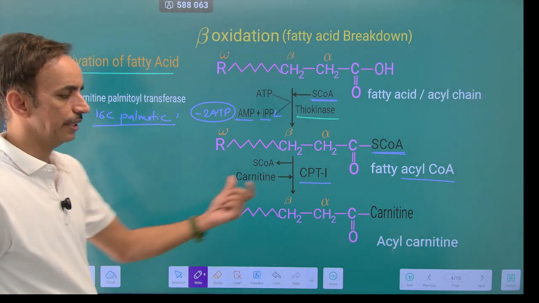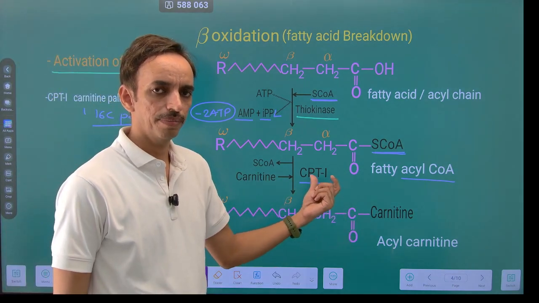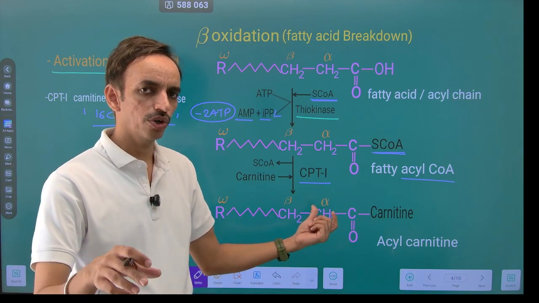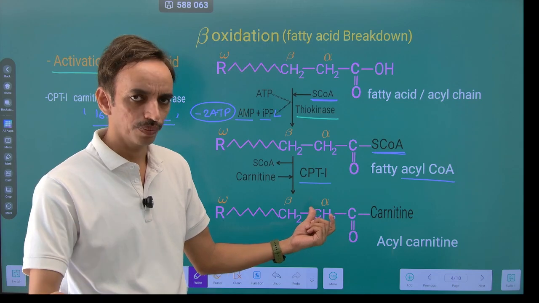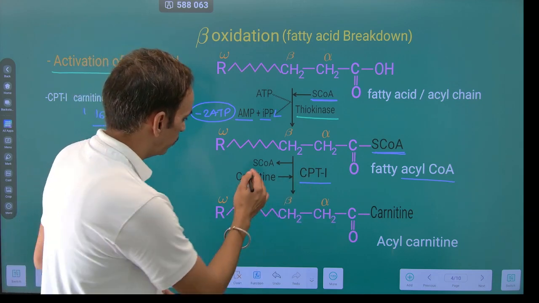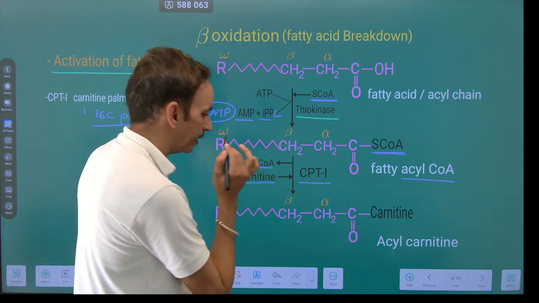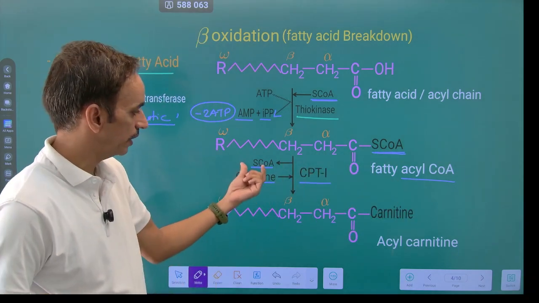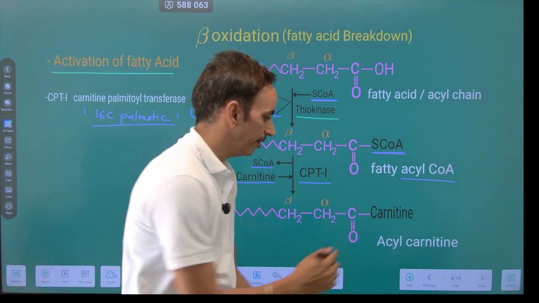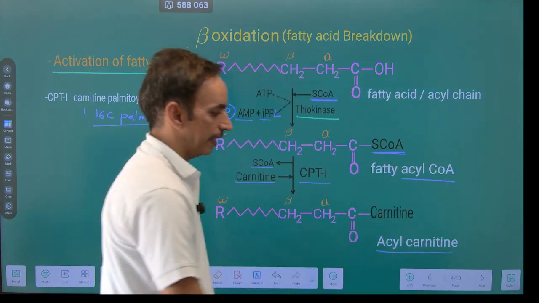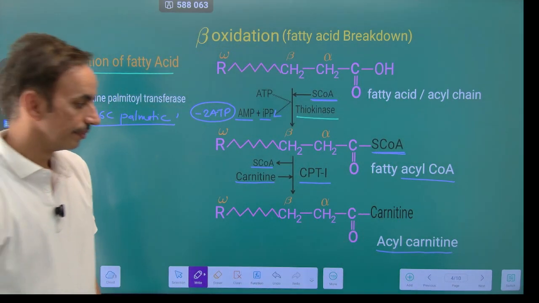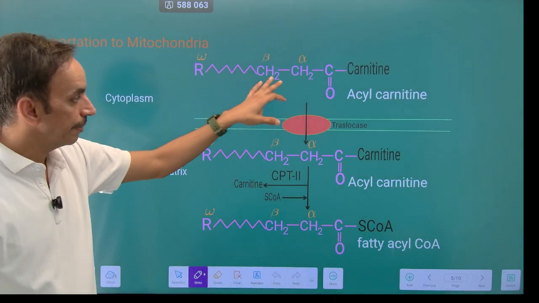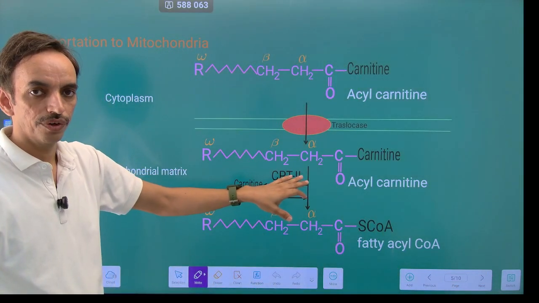So we have CPT, carnitine palmitoyl transferase 1. We also have its isoform in the mitochondrial matrix, called CPT2. Now this CPT removes the coenzyme A and adds carnitine onto this acyl coenzyme A. There is a removal of coenzyme A and addition of carnitine, leading to the formation of acyl carnitine. Now this acyl carnitine can be transported into the mitochondrial matrix.